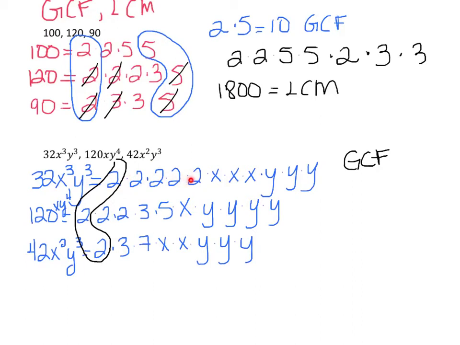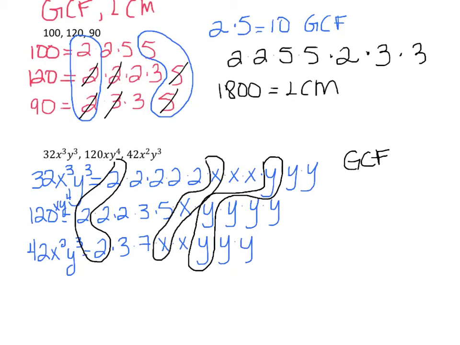If I move on to x's, I can see there's an x here. There's no second x going on here, so I can't use any of these. So I can move on to the y's. There's a y.